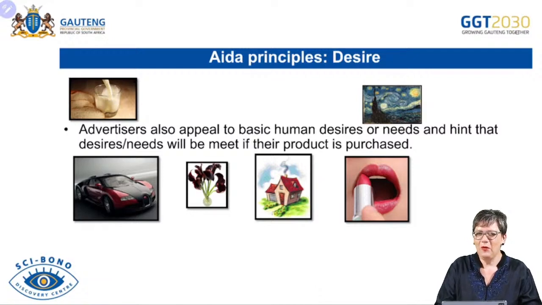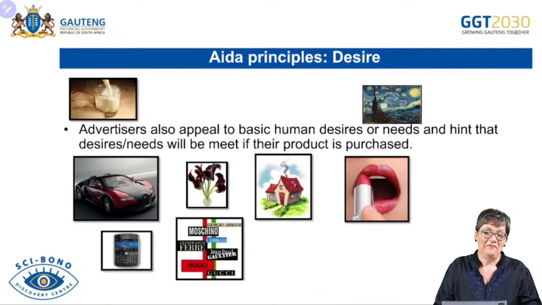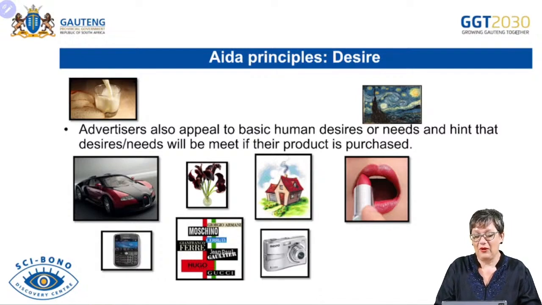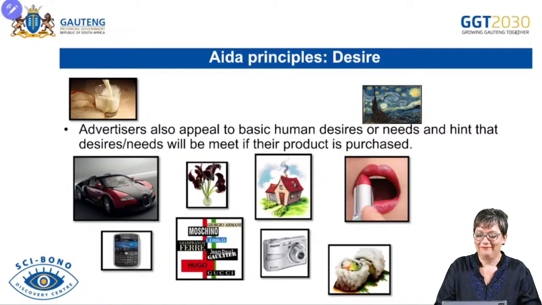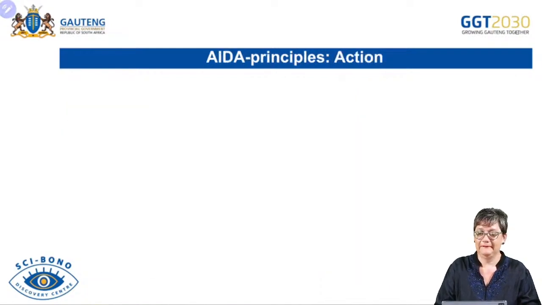So they will play on your desire to get the product. A new cell phone perhaps, a brand that you would like to have, maybe a new camera, nice food. There are so many things we'd always like to desire.